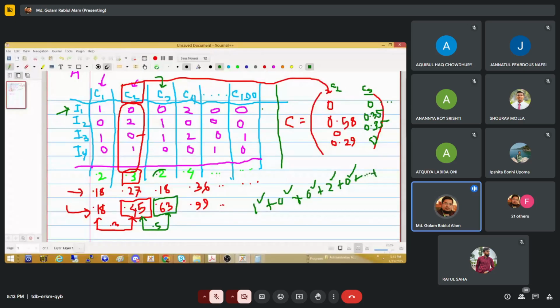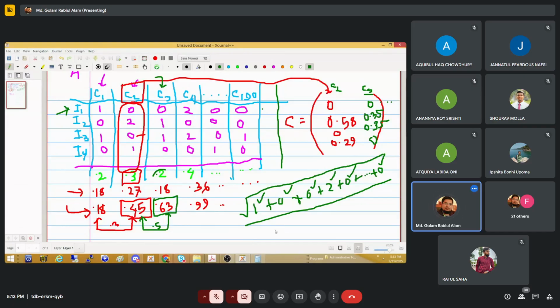Square of the values, and square root of that value, divided by whatever we have computed as the Frobenius norm of this matrix A. So in that case we have to think about each and every value of this matrix.